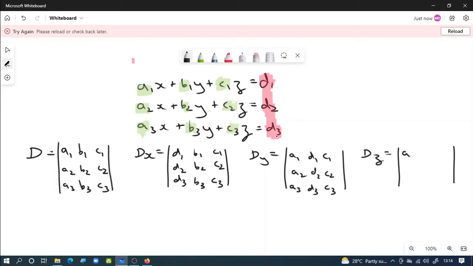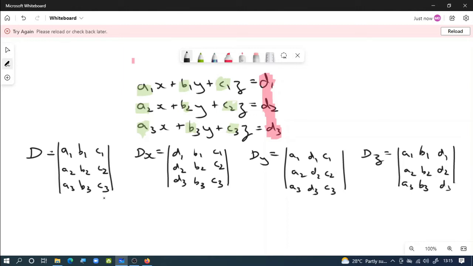We do the same for dz. We remove c1, c2, c3, and replace them by d1, d2, d3. Then you need to compute these four different determinants.